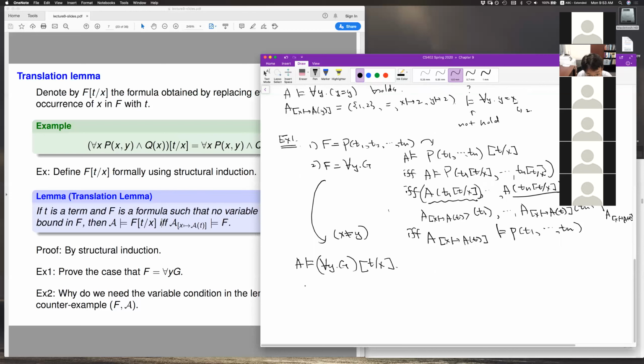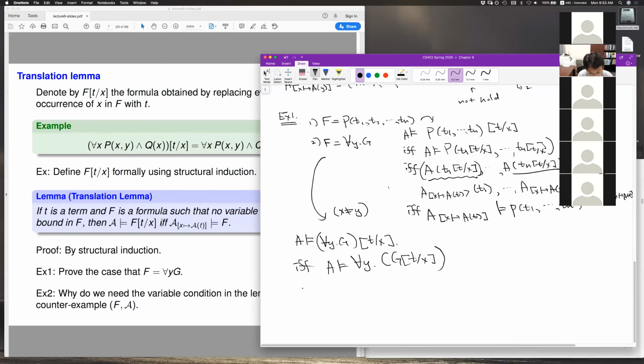In that case, by the definition of substitution, this is the same as ∀Y, G with T replacing X. And then this means, for all A, this is true for all A in the underlying universe of A.